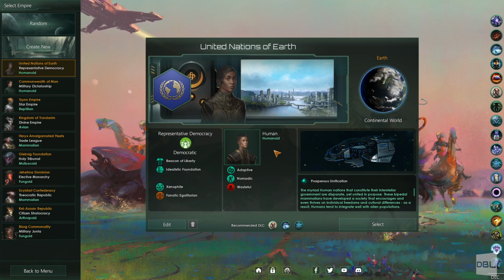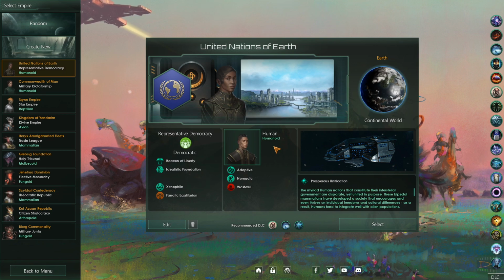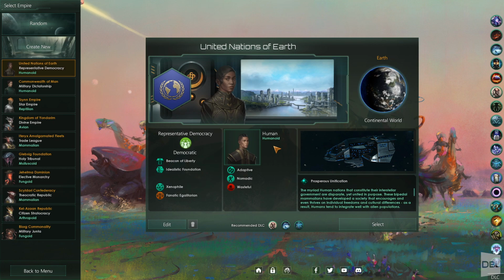You can also create a custom race. That seems like it would be good for maybe a second or third playthrough. If none of the defaults sound interesting, we'll find out. I'm just going to go through these and see what I can find.